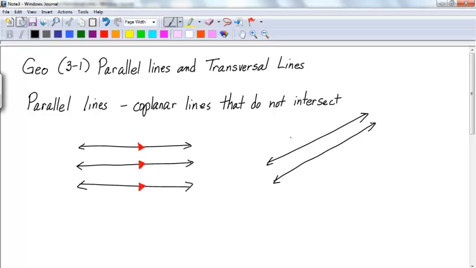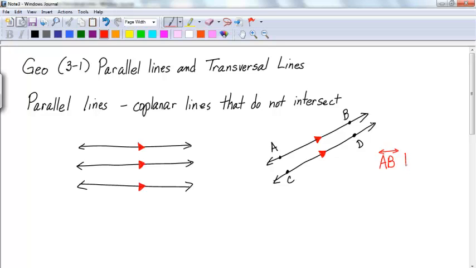I'll give you an example of that. Say I have a point on this line, A, and a point on this line, B, and a point on this line, C, and a point on this line, D. If I say line AB, remember if it's a line, the symbol they use above it has an arrow on both ends.